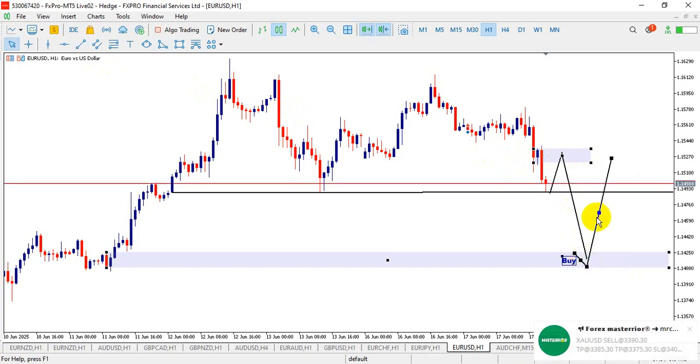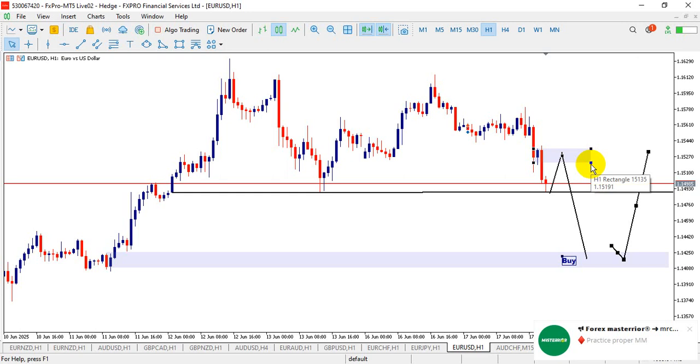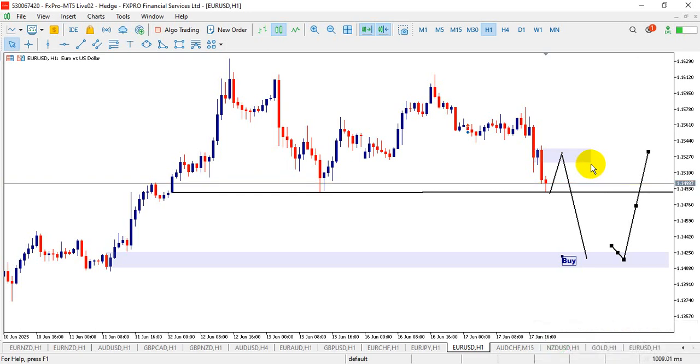So for those of us who want to buy, we can simply wait for price on this demand zone. Or if you also want to sell, because this chart has been selling, you can't sell at that point. Allow price to retrace. Then after the retracement, you can now take your sell.